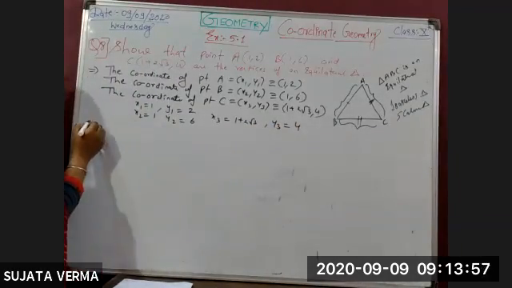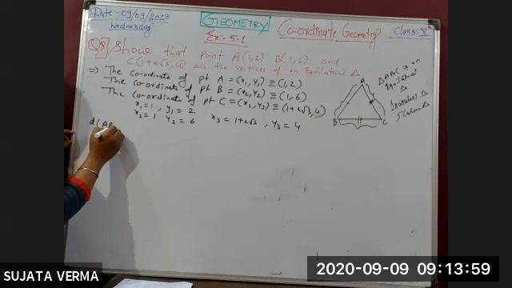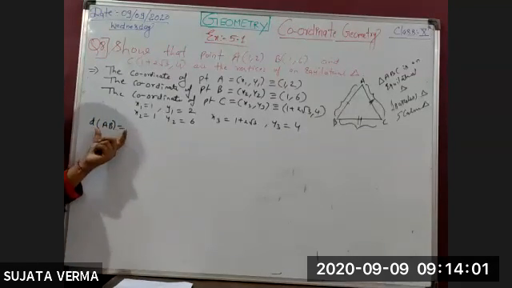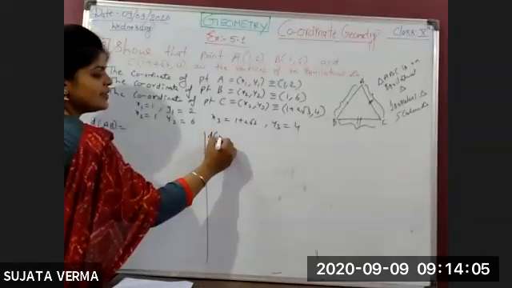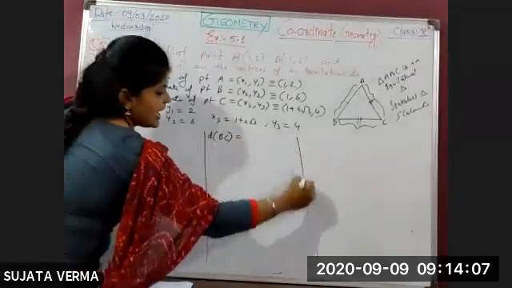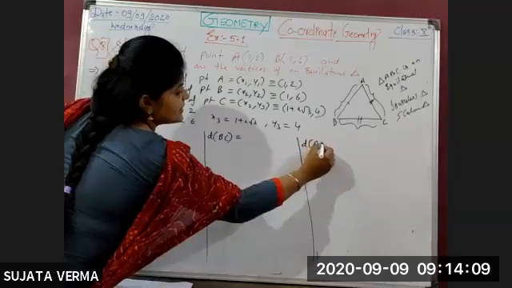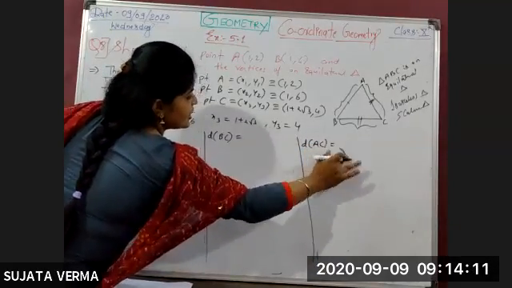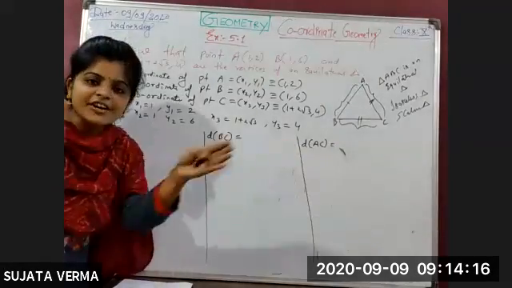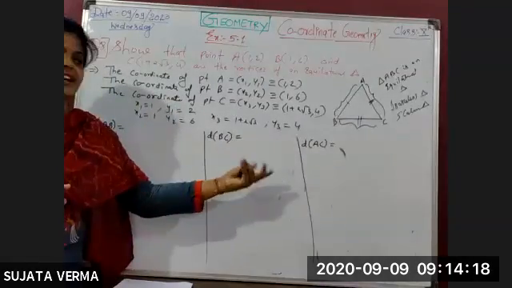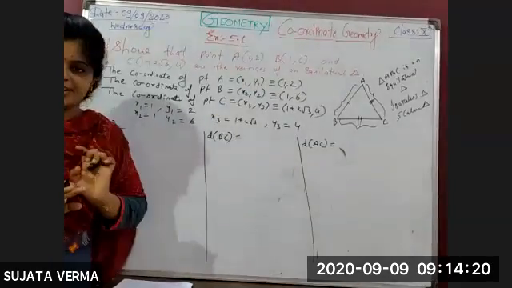Now we find the distance of AB first, then the distance of BC, and then the distance of AC. If all the distances are equal, then we say that it is an equilateral triangle.